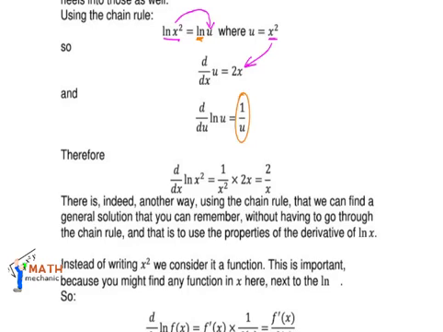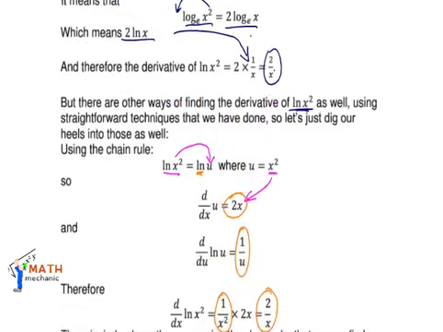So it becomes 1 over x squared, which is 1 over u, times the 2x, which is the derivative of x squared or u, and then you get 2x over x squared, and one of the x's will cancel with the x at the bottom, and we get the same answer, 2 over x, as the derivative.